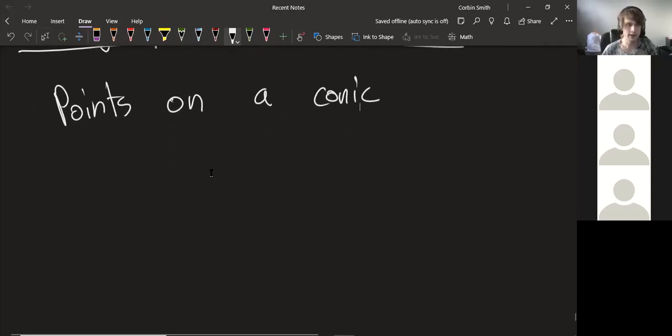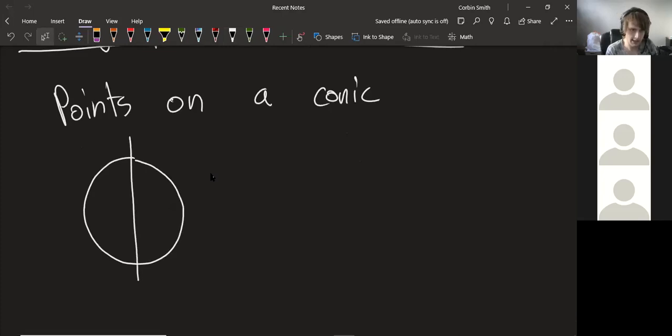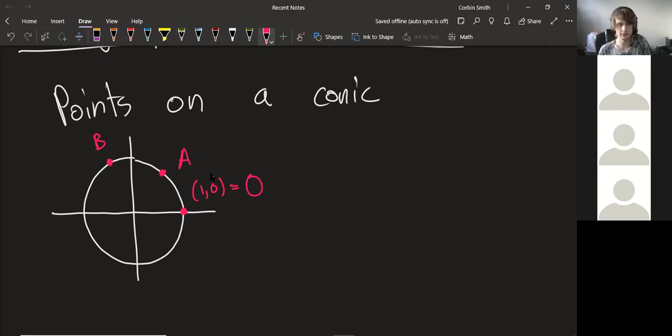So if I had a circle, specifically the unit circle, and I defined this point right here, 1, 0, to be equal to our 0 point, and then I have two other points, A and B, how do you think we could define a group to be able to add these points together? So we want to explore some way of adding points on a circle. What's a way that we could do it?